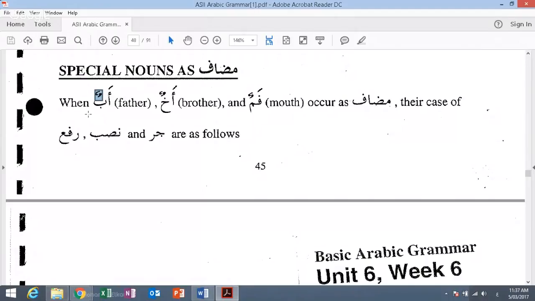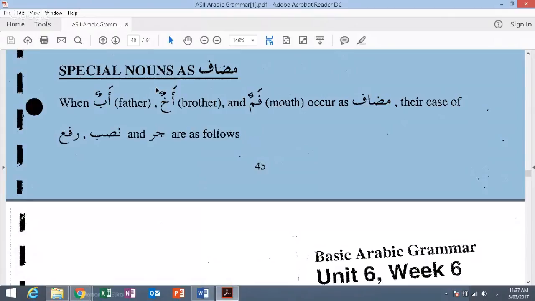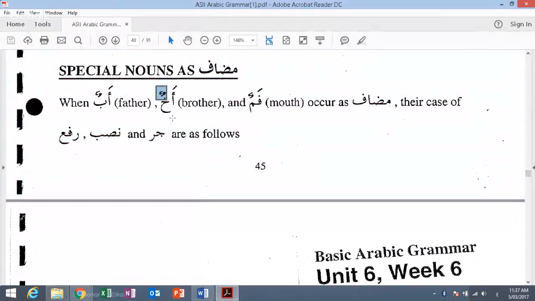Got it? Akhun. We are going to ascribe Akhun to anyone, to Zaid, to Khalid, to Hamid. So we are going to take the tanween off, of course, because we are ascribing.